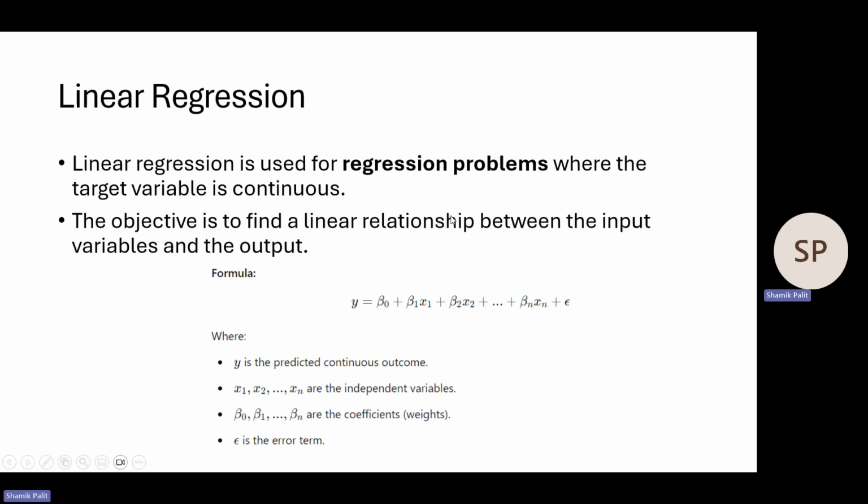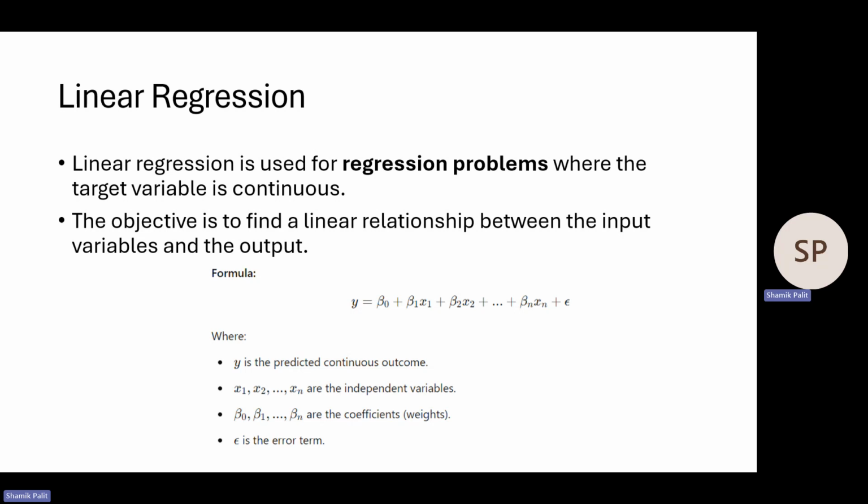Generally, whenever we have a target variable which is continuous in nature and we are exploring a linear relationship between the input and output, the idea is known as linear regression. If you see this formula, which represents a straight line, the value of y is the predicted one and its nature is continuous.